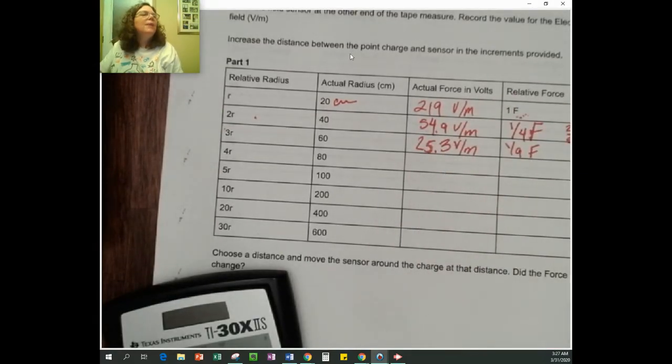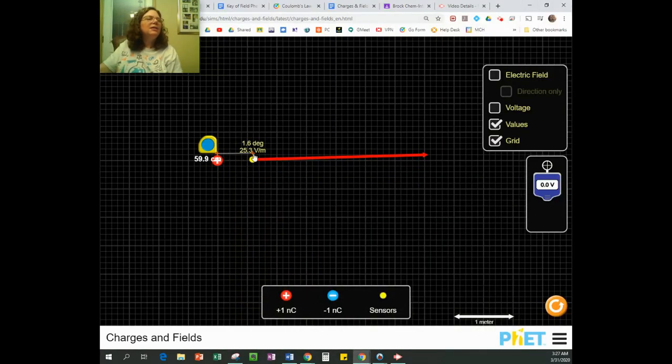So basically you keep doing this and you keep filling in the chart. Now we're going to make it 80. Okay, 13.9, and we divide that into 219.